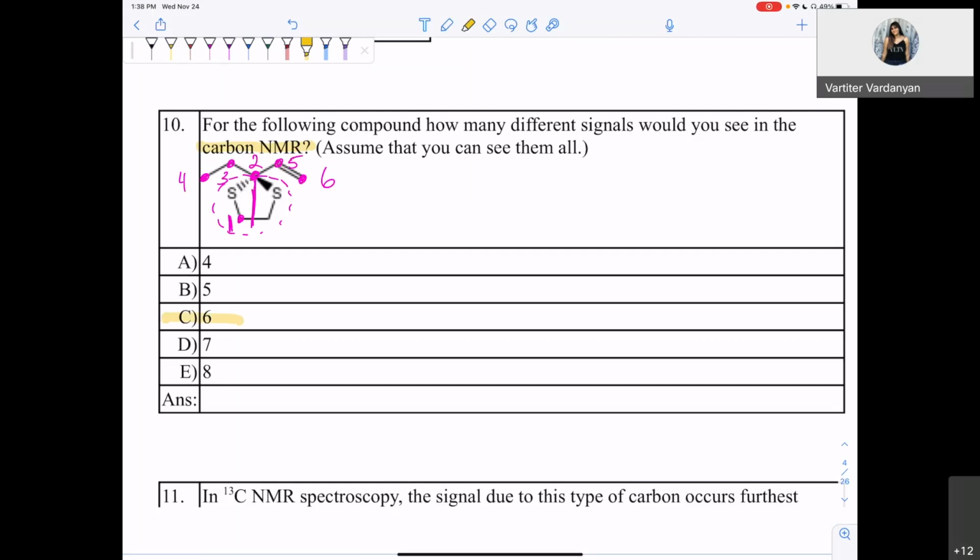Why would it only be 6 if there's a dash and a wedge still? I see the internal symmetry, but isn't the double bond kind of breaking that symmetry? So the double bond, I see what you mean. What you have to think about is that the wedge and dash here just mean that these two are spinning around.